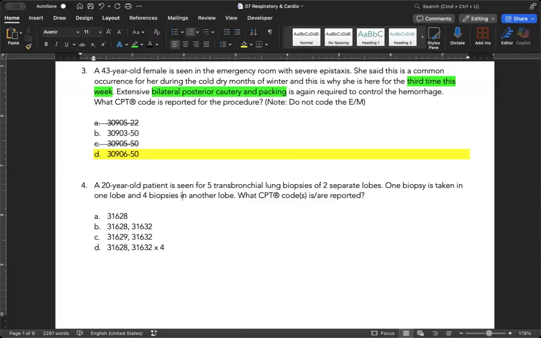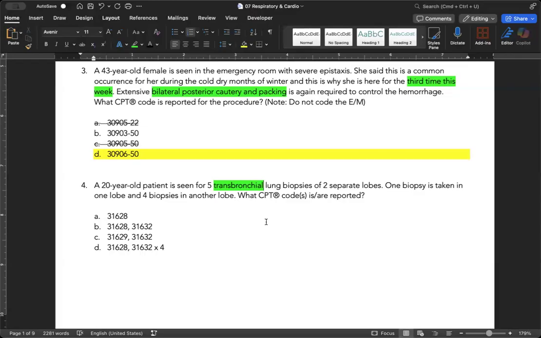Number 4, we have a 20-year-old that's seen for 5 transbronchial lung biopsies of 2 separate lobes. 1 biopsy is taken in one lobe, and then 4 biopsies are taken in another lobe. So we'll do coding from scratch on this one. We are doing these transbronchial, so that means our approach, going transbronchial through the bronchus to get to the lungs, is going to be with a bronchoscopy.